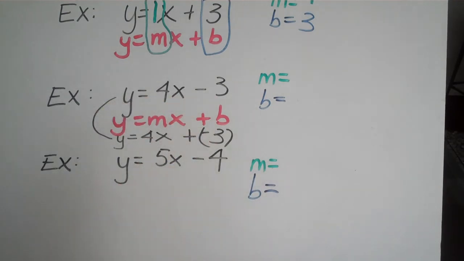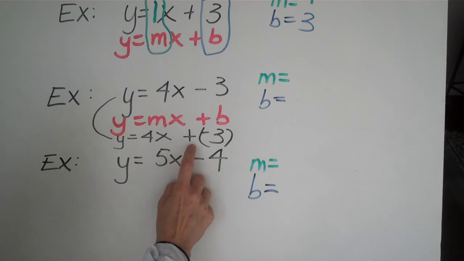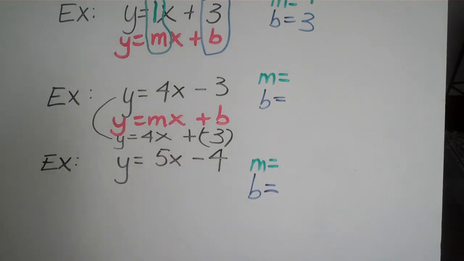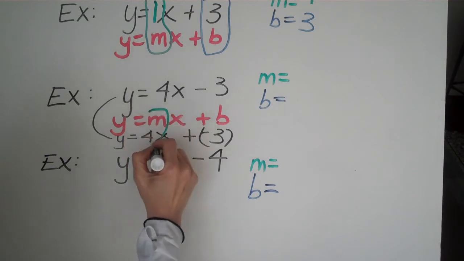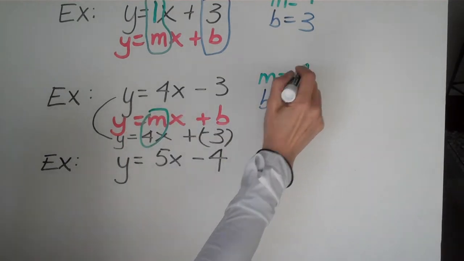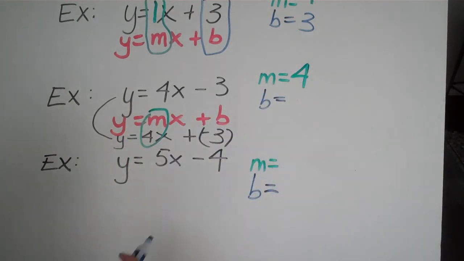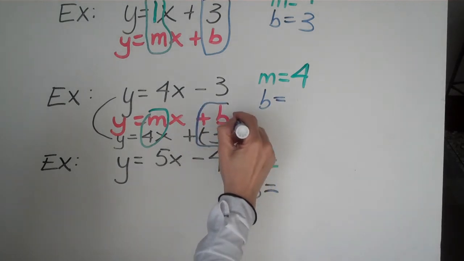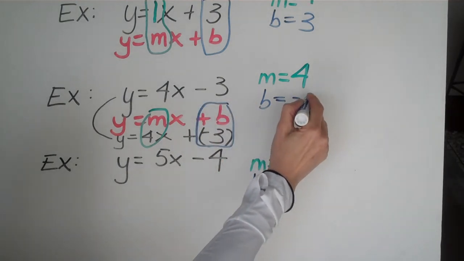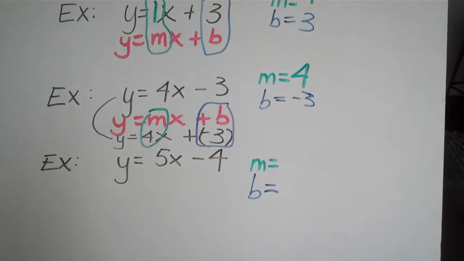So basically, our slope is the 4, and our b becomes the negative 3. Now I'm going to do another one that's very similar.